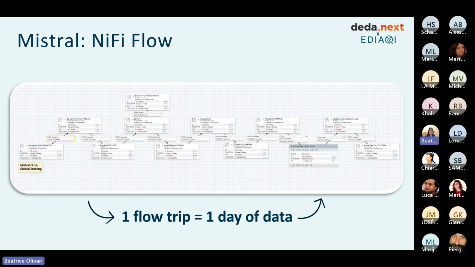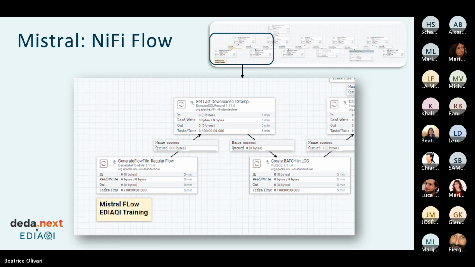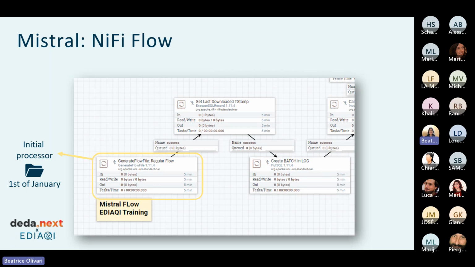So you have to imagine, when you start the processor, one flow file is created, and when the flow file ends the flow, then we will have 1 day of data inside our database.